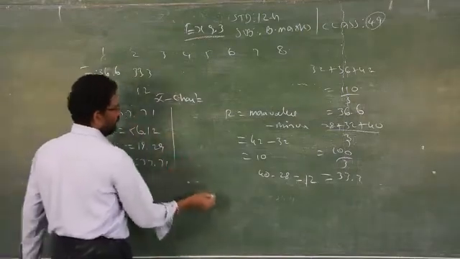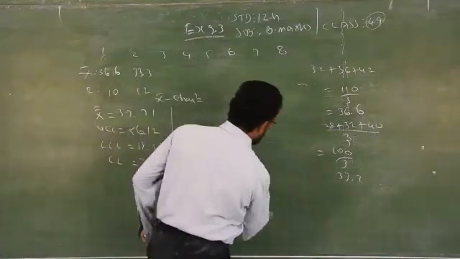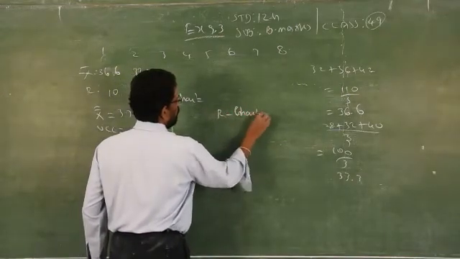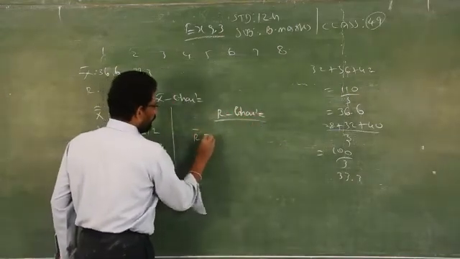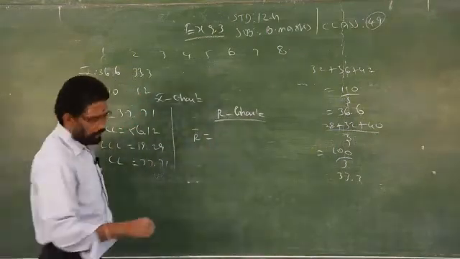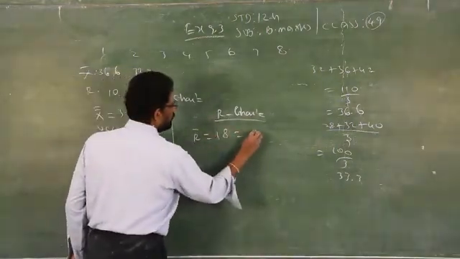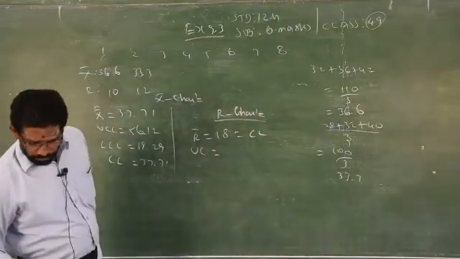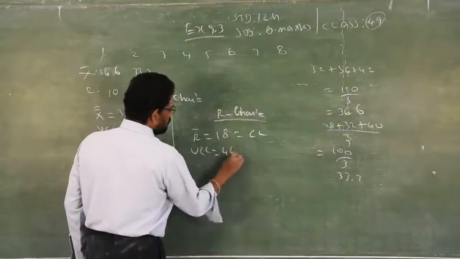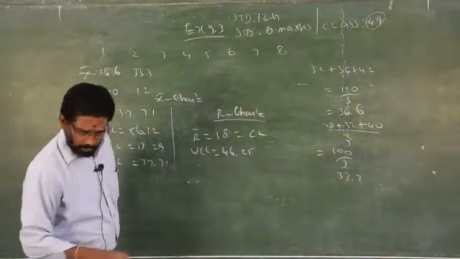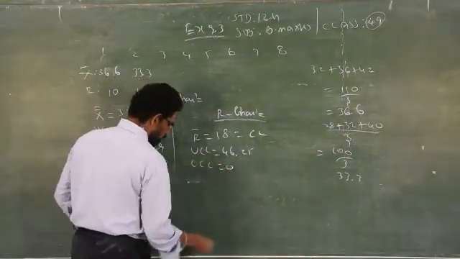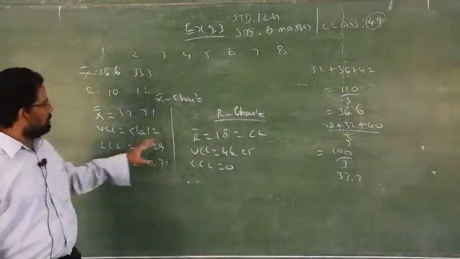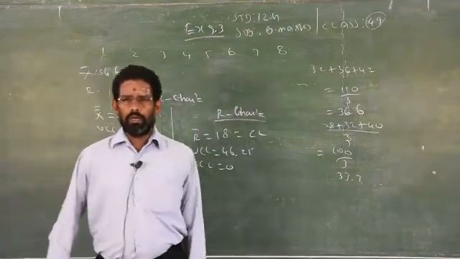This is for the X bar chart, whereas for the R chart, what is your R bar? R bar is given as 18. That is nothing but CL. Then UCL is equal to, boys, check that answer using the formula, 46.25. Then LCL is equal to 0. Based on this, you have to find whether the process is in control or not.